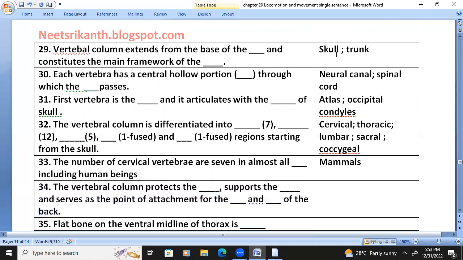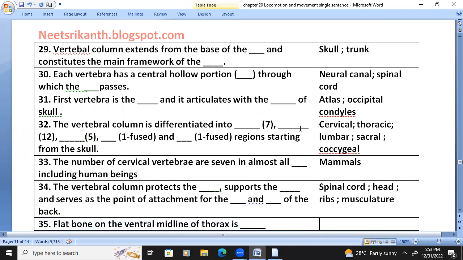The vertebral column protects the spinal cord, supports the head, and serves as the point of attachment for the ribs and the musculature of back.